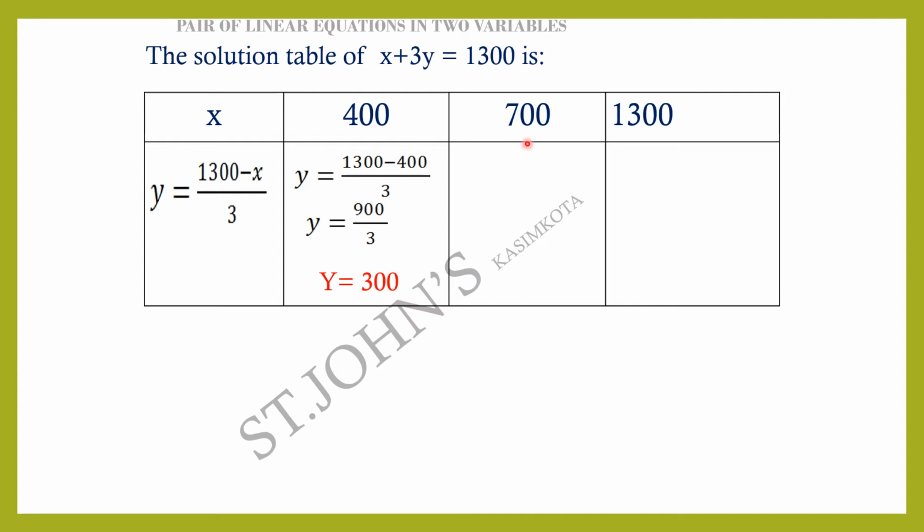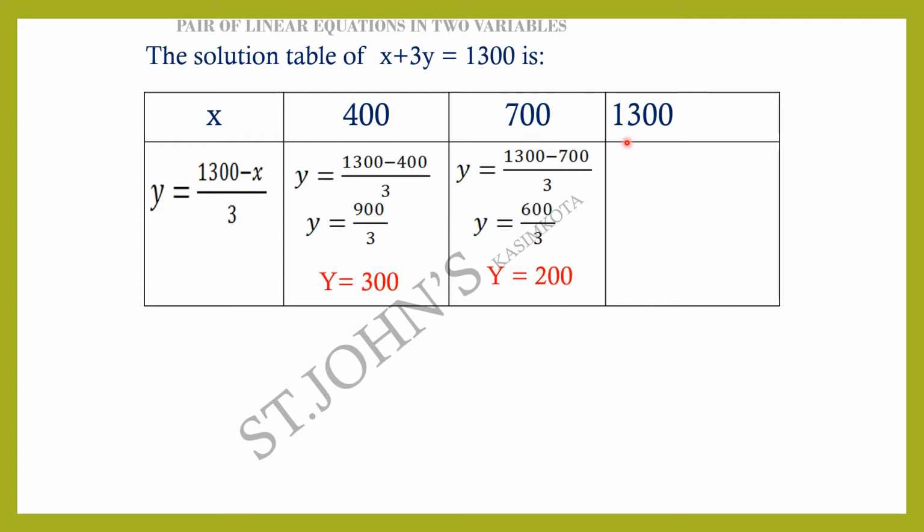Now x equals 700. Find the value of y. 1300 minus x, that is 700, by 3. 1300 minus 700, we get 600. 600 by 3, three twos are six, so y equals 200. If x equals 700, then y value is 200.